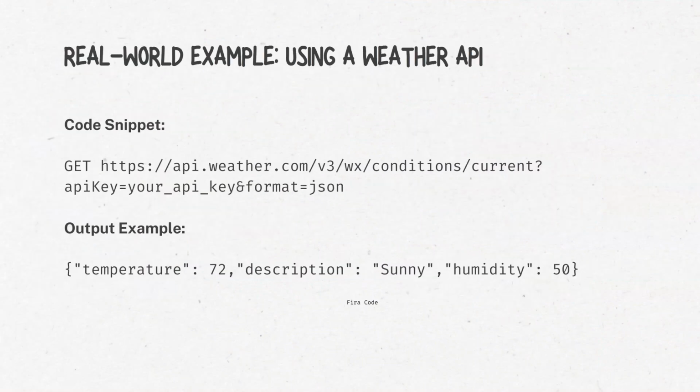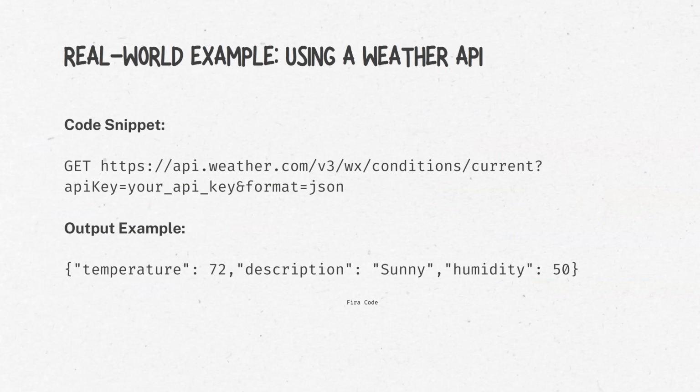Okay, let me make it more understandable with a real world example. Suppose you want to get the current weather data for your city, for your country, or for your area. There is a weather API that you can call using a simple GET request by passing some parameters. So here's what it might look like.